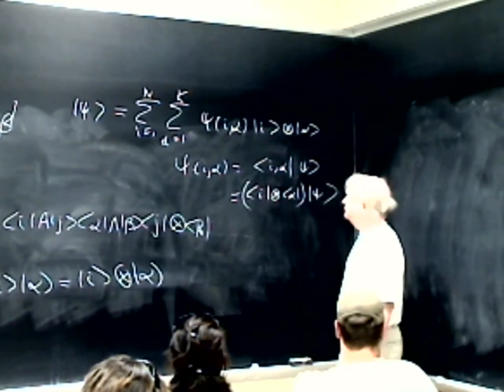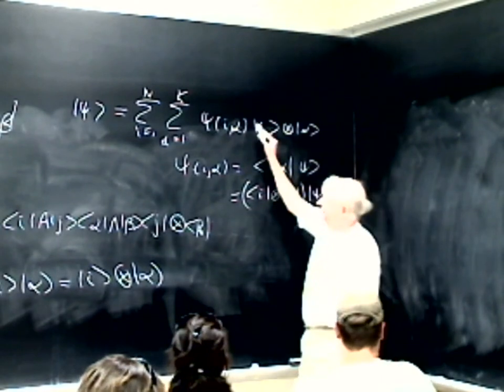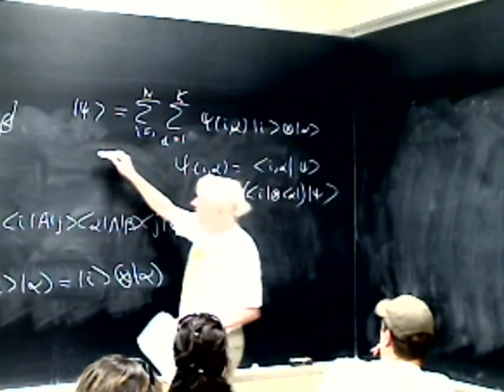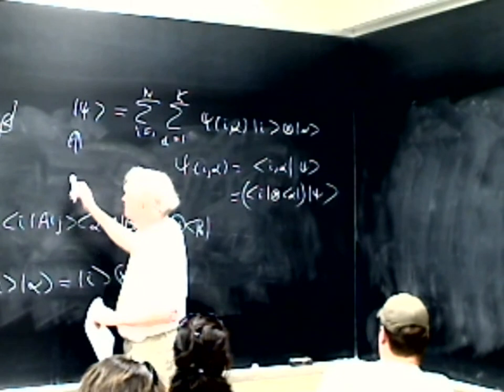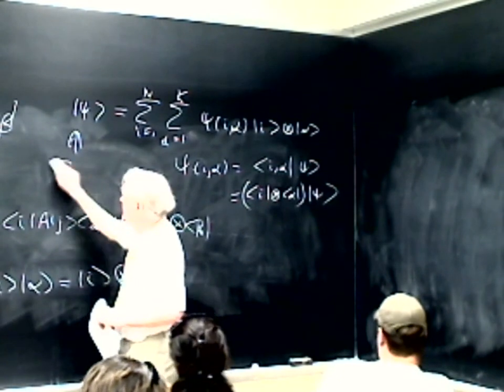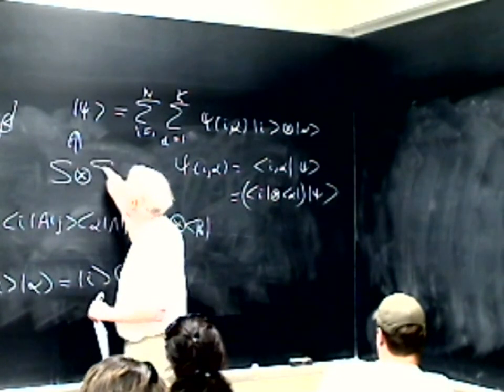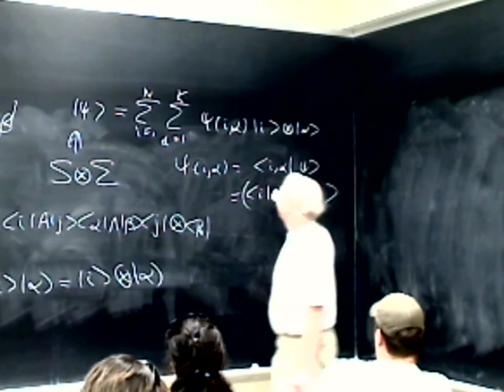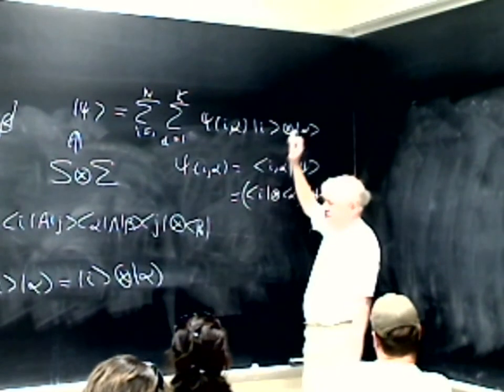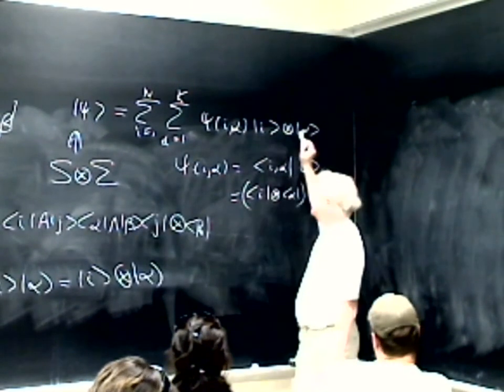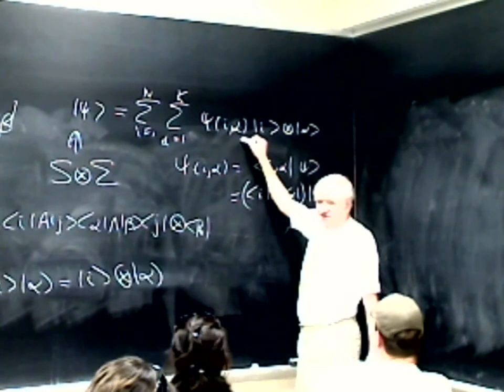Now notice that the general vector in this space S cross Σ, in the case where this is a 100-dimensional space, has 100 coefficients.